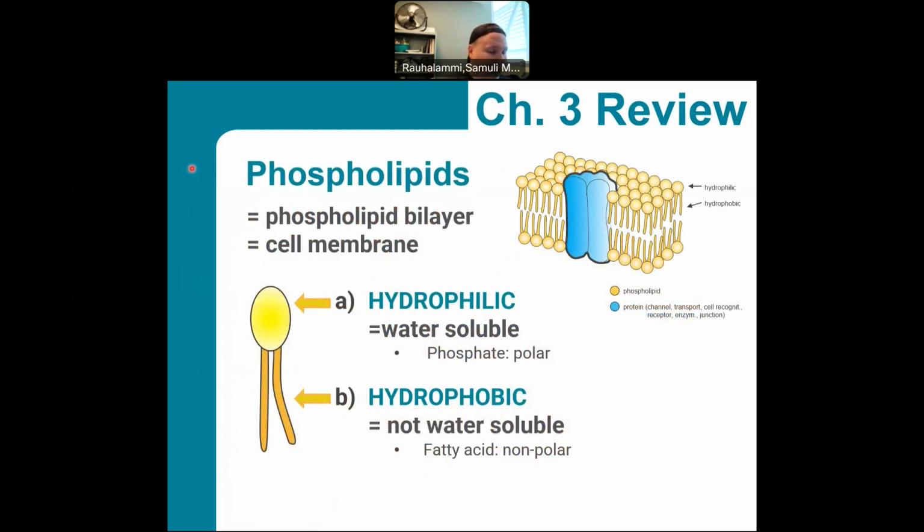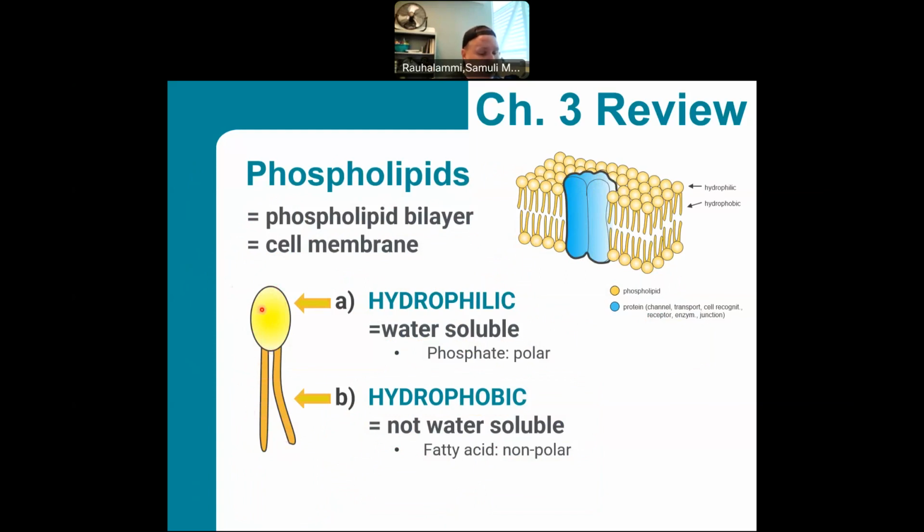So earlier on, I mentioned phospholipids, and now that we're talking about fats, that's a good time to circle back to that. Phospholipids have a hydrophilic head part and hydrophobic tail ends. These hydrophilic head parts are attracted to water, whereas hydrophobic tail ends really try to stay away from water.